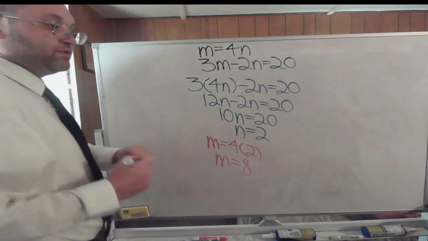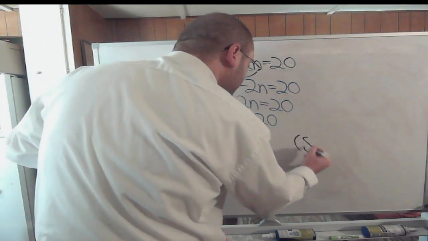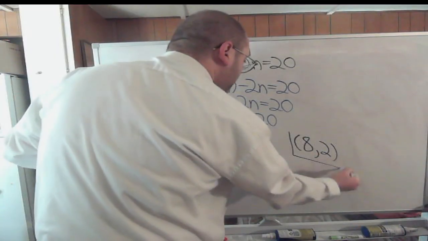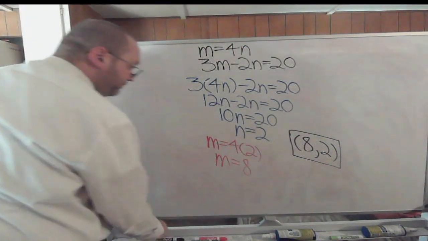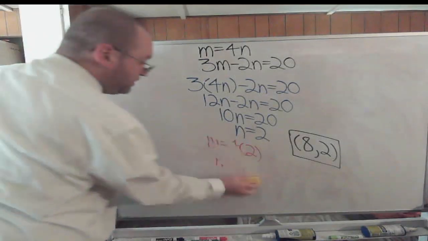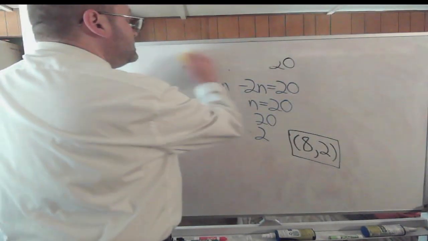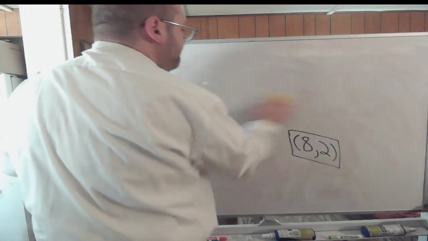The n coordinate for the point of intersection is 2. So you'll get the ordered pair 8, 2. That would be your point of intersection, 8, 2. So yeah, substitution's really not that bad.